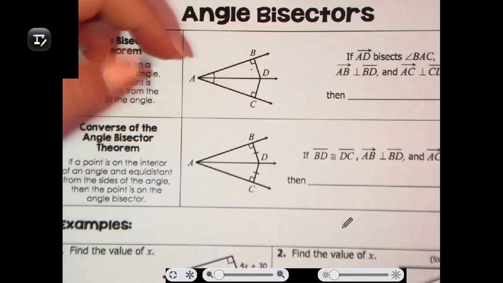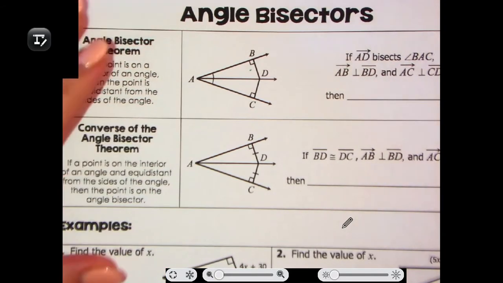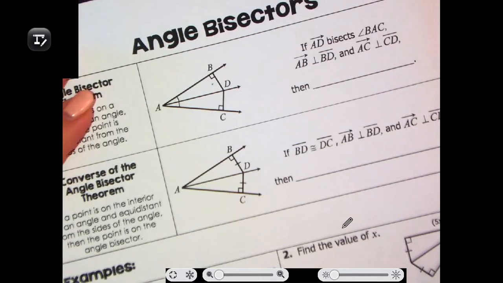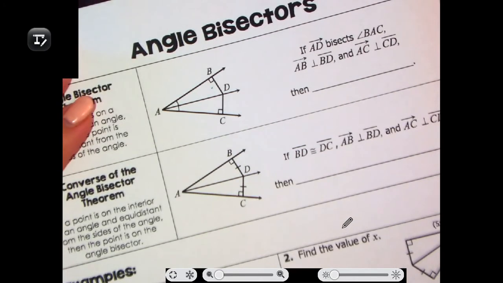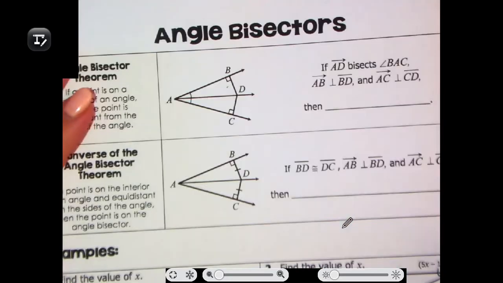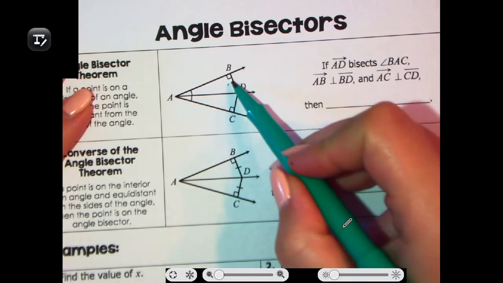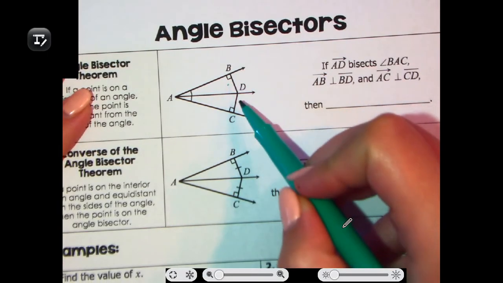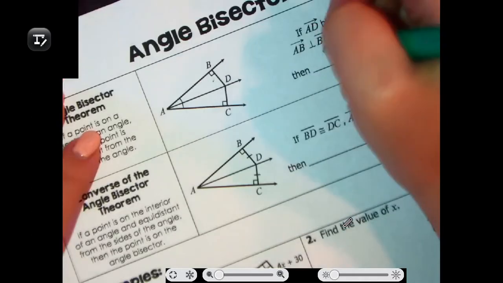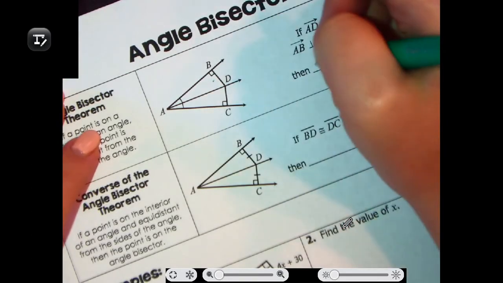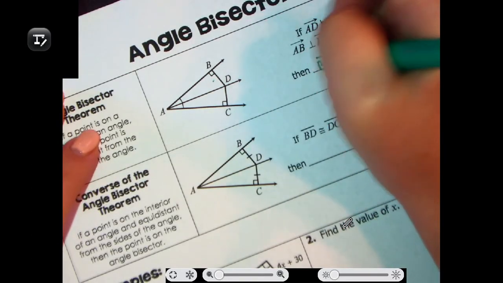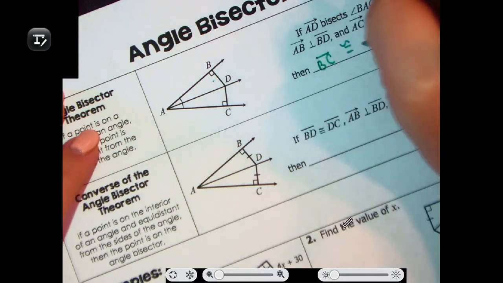congruent to each other. I meant to point at these ones right here. So it means that these are congruent to each other. So that means that BD, sorry, not AC. That means that BD is congruent to DC.